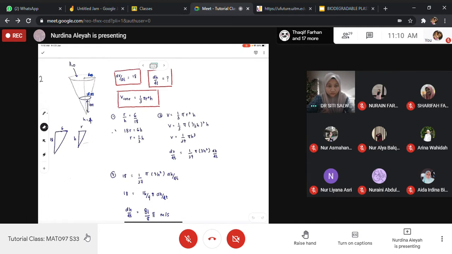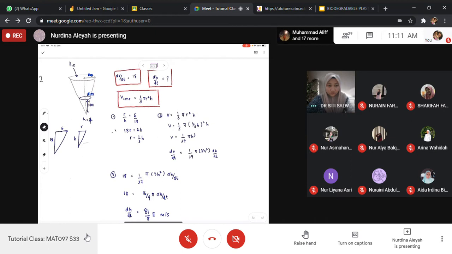So first kali macam mana kita nak kira, first kali kita kena buat ratio untuk cari R yang new. So R over H is equal to 6 over 18. Yang 6 over 18 ni dia punya yang cone asal lah. Okay, and then cari dia punya radius yang baru is equal to 1 over 3H.